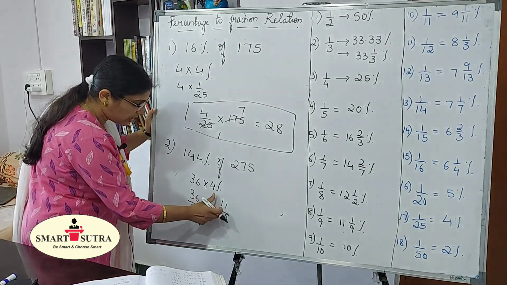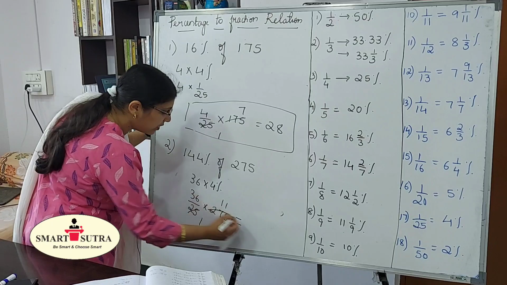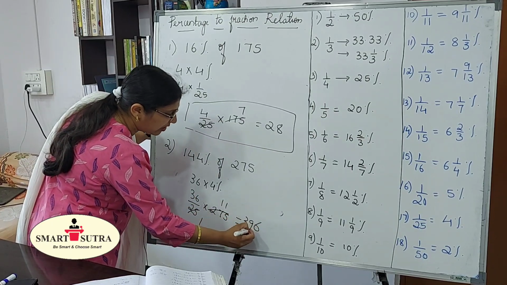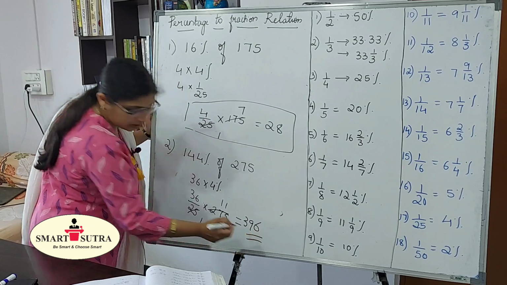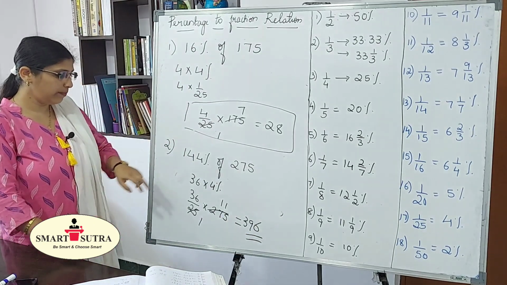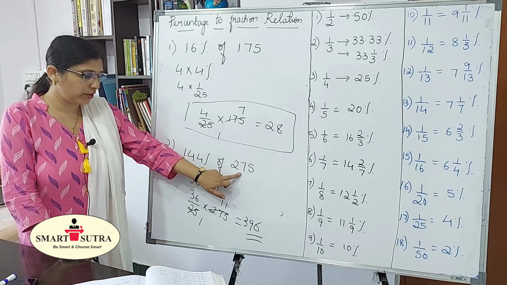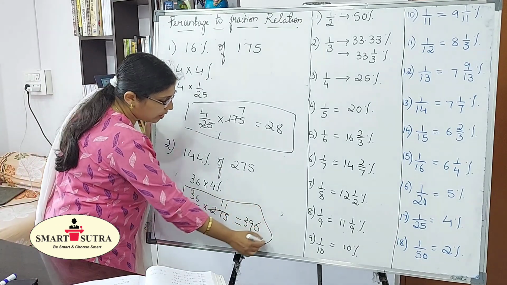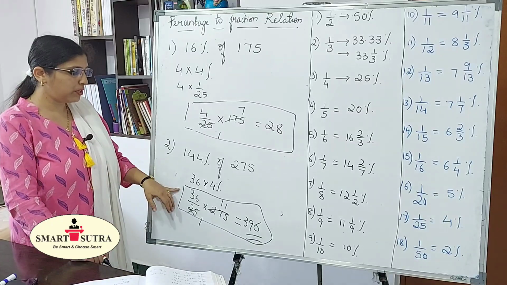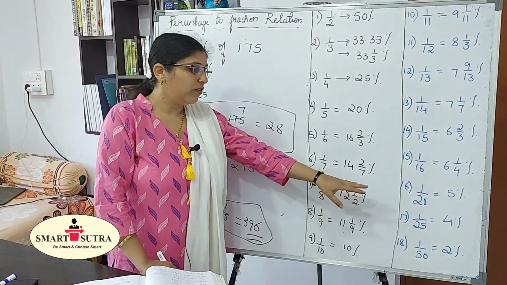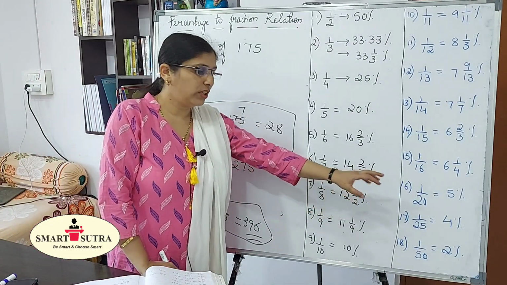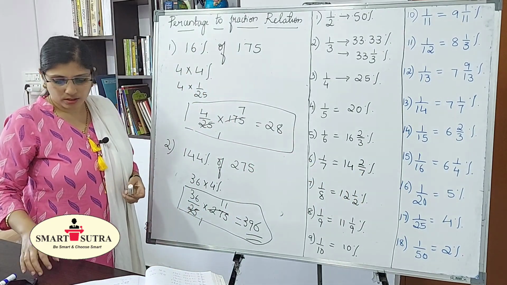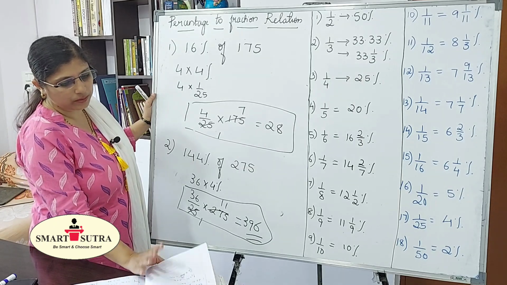So now 36 into 11, 11 6s are 66, 11 3s are 33 plus 6 is 39, so 396. So what is 144% of 275? It is 396. Within one simple step, we got the answer. And this happens when we remember the fraction of the related percentage. We'll see some more problems.